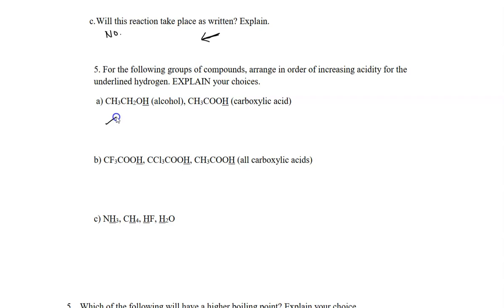If you draw the skeletal structure of this CH3CH2OH, this is what the alcohol looks like. And if you look at the skeletal structure of this compound, this is the Lewis structure, and maybe we should draw the lone pairs of electrons too. So we have to tell which one is more acidic.